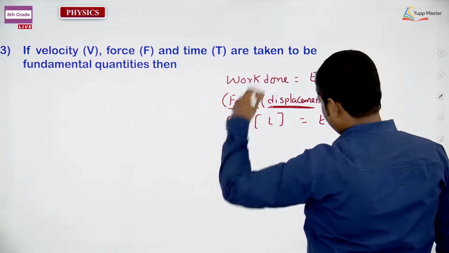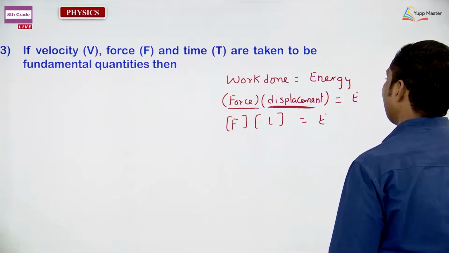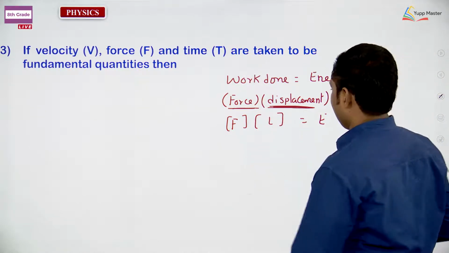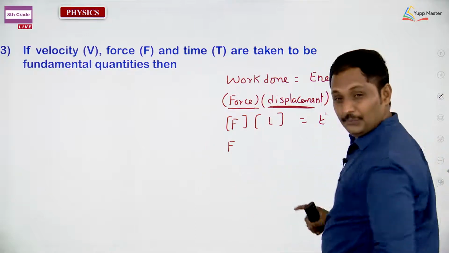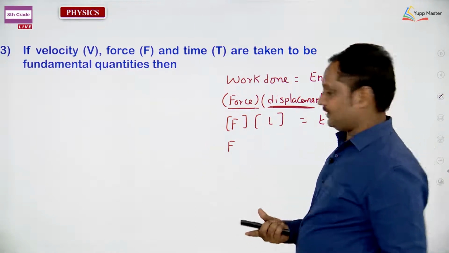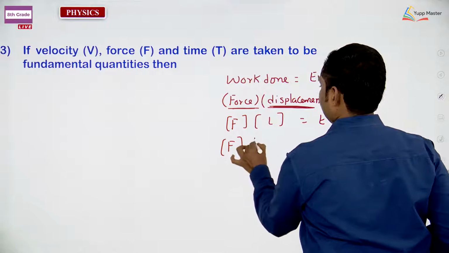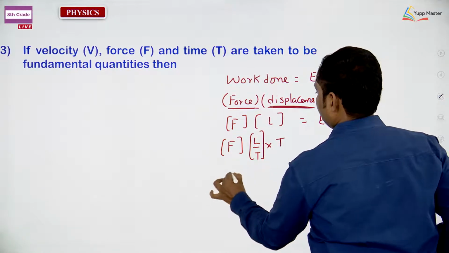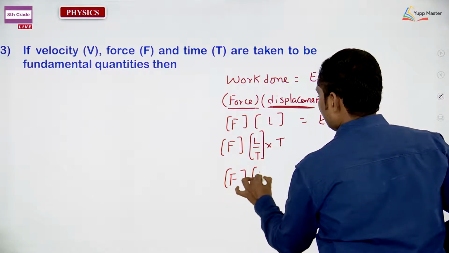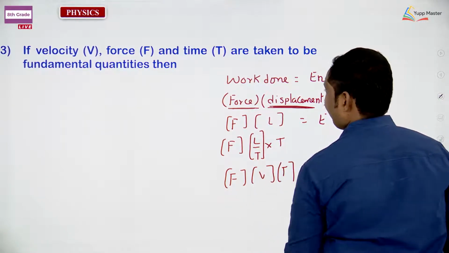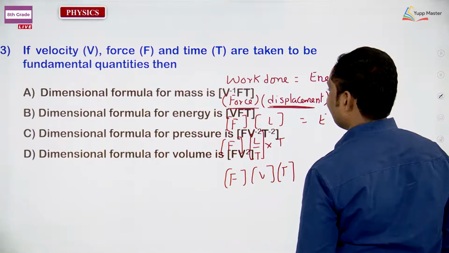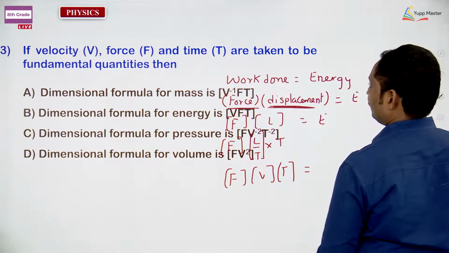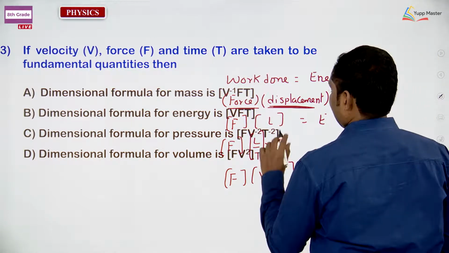If you want to get that, in this case you multiply and divide with T. Just take L by T into T. So you will get F into v into T, that is vFT.